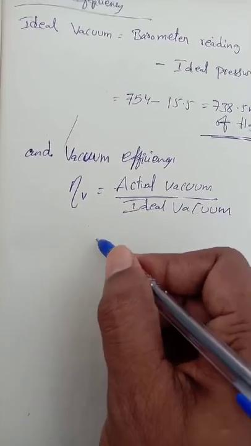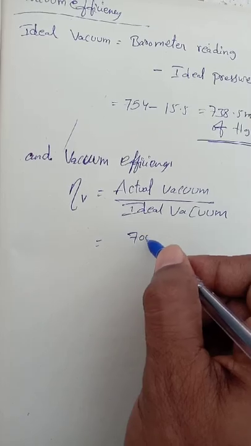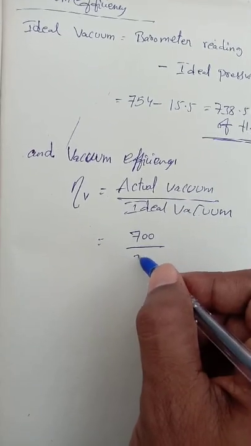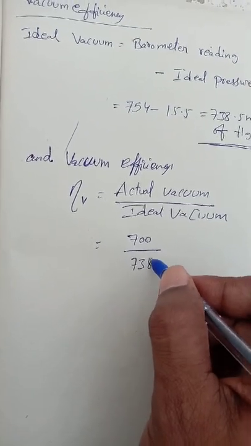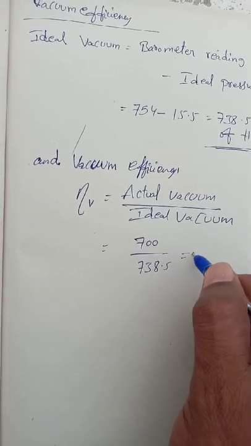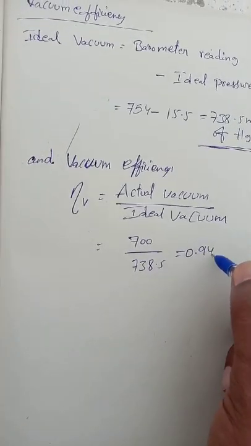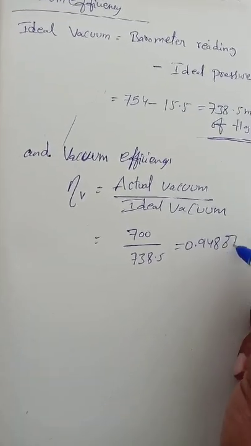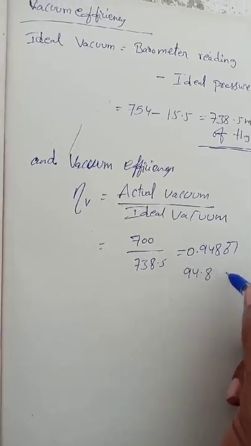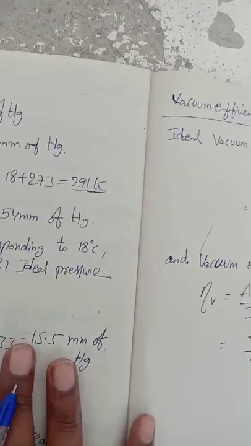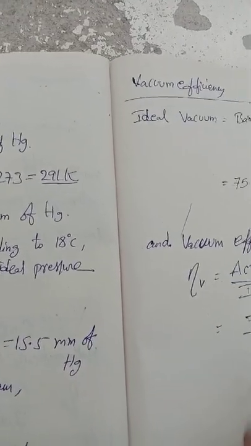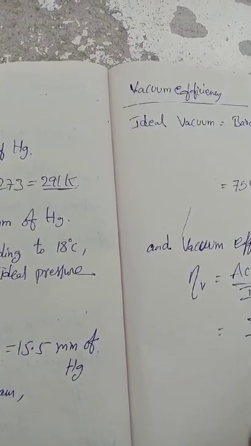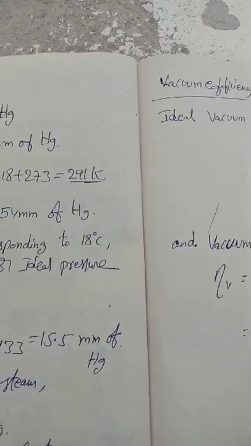Substituting these values, 700 divided by 738.5 is equal to 0.948, or 94.8%. This is the procedure to solve the problem, and the remaining problems we are going to discuss in the next class. Thank you.